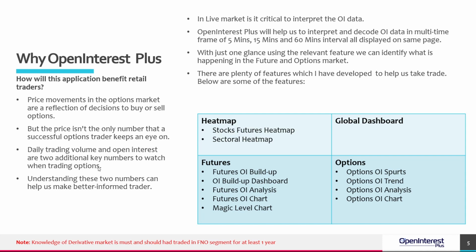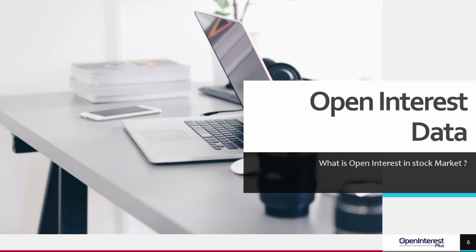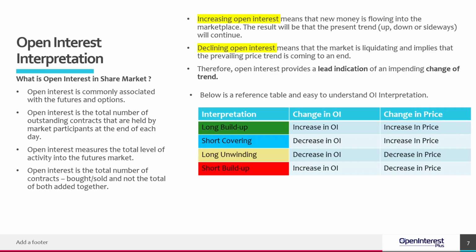Next we'll move into each of the sections. But before that, I'll quickly walk through what open interest is. I'm not going to deep dive into it, but into what the open interest interpretation means.